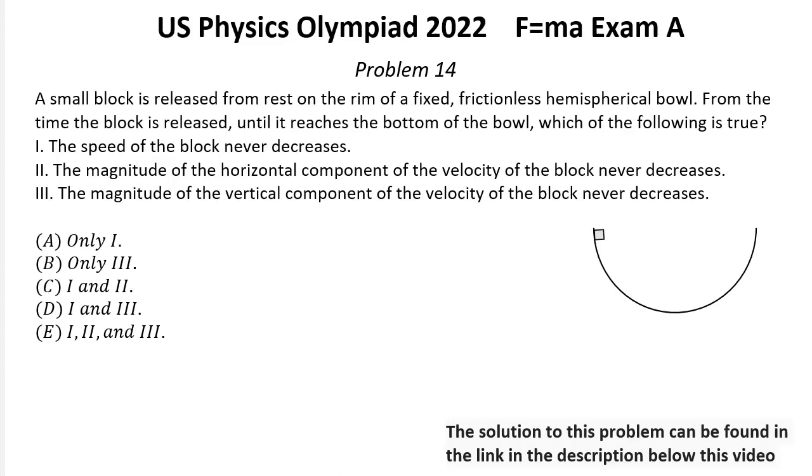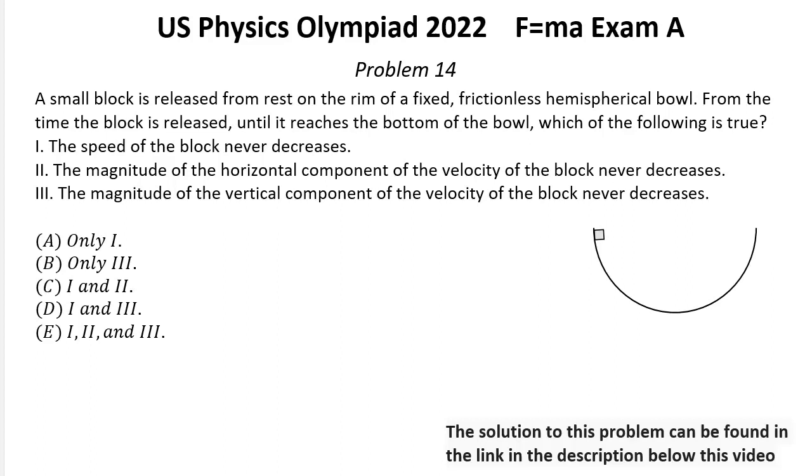Solution for problem number 14. Choice 1 is true because the block is never moving upward, so its potential energy never increases. Choice 2 is true because the only horizontal force the block experiences is the horizontal component of the normal force, which never points to the left.